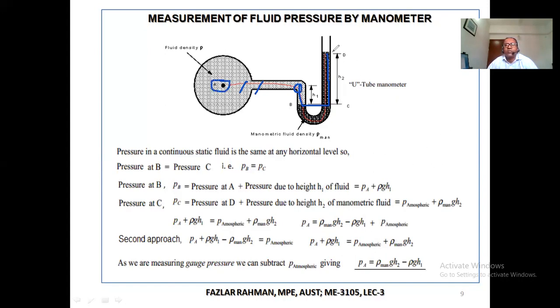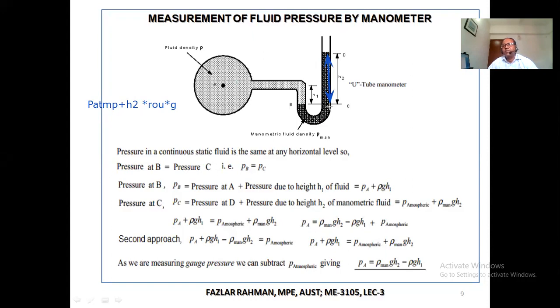So what I'll do, I'll walk down from point D all the way coming over here. Let's see how we can walk down. What is the pressure at point D? P atmospheric pressure, right? Then you are coming down, so plus H2 rho G. So how are you coming now? At point C, right? That means you just walk down this much.